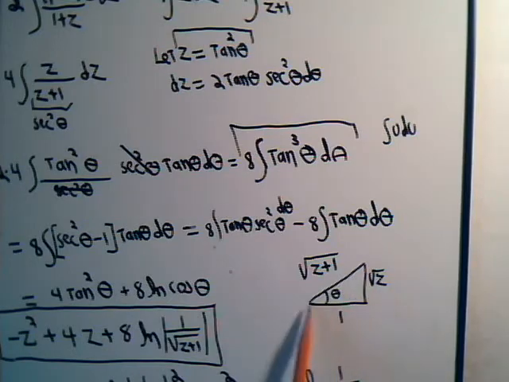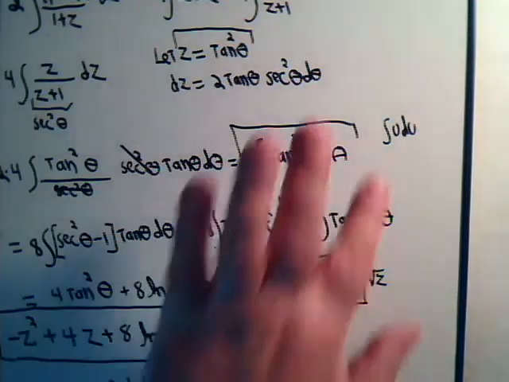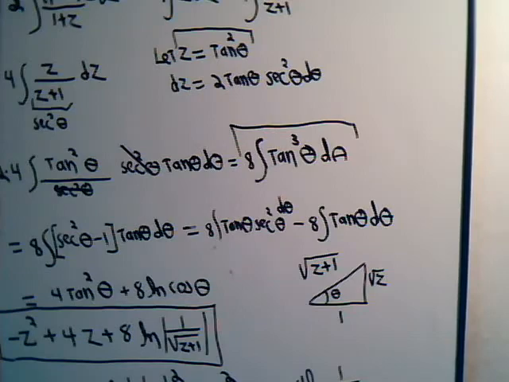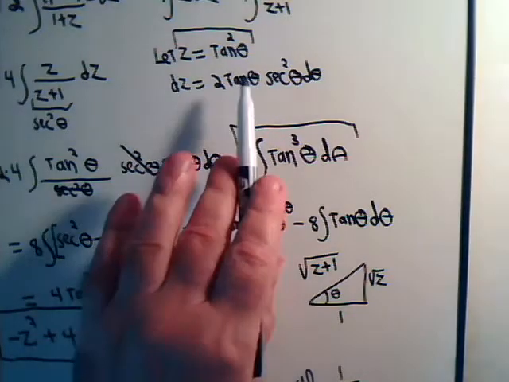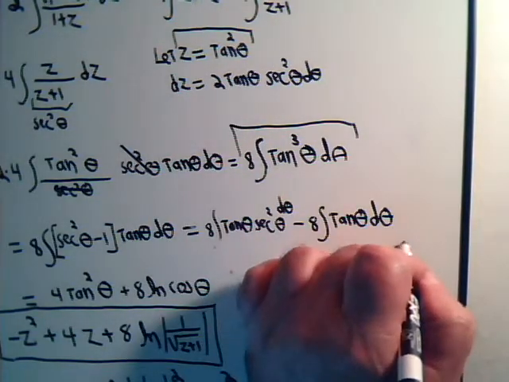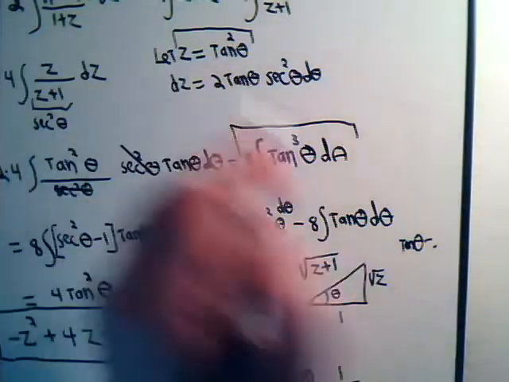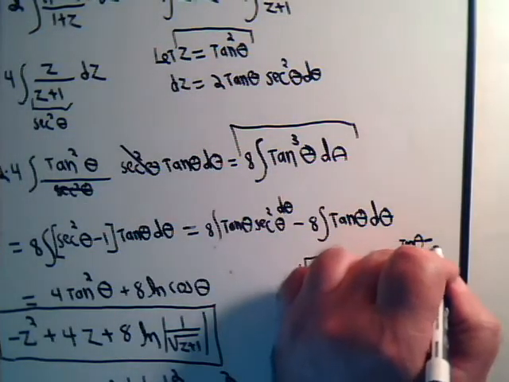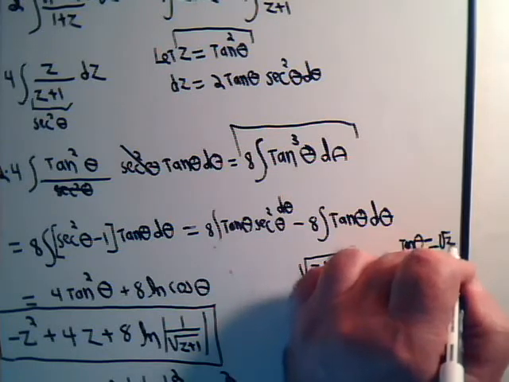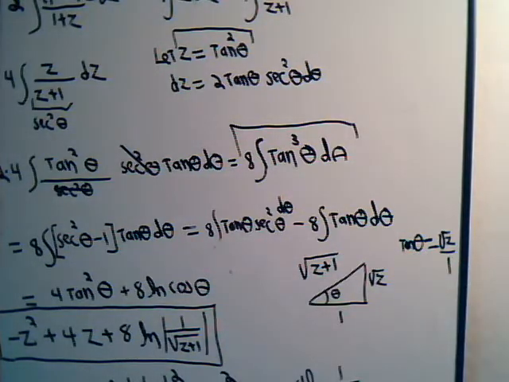So we go ahead, we draw a triangle, and the tangent of theta, that's going to be the square root of z. So the square root of z divided by 1. The tangent of theta is the side opposite divided by the side adjacent.